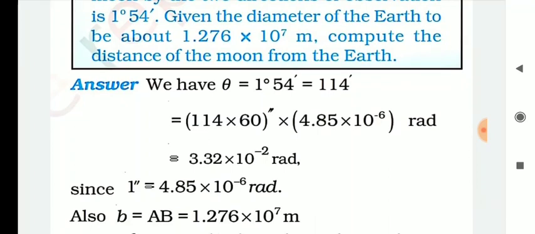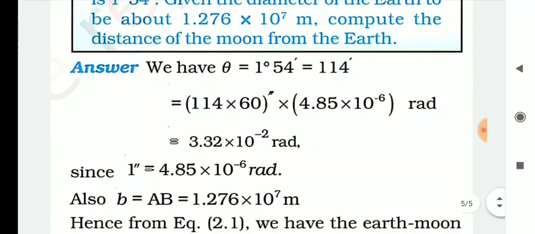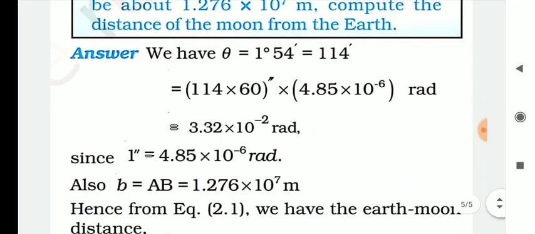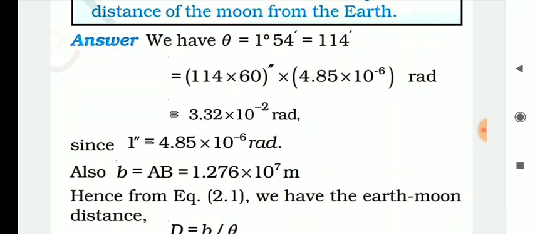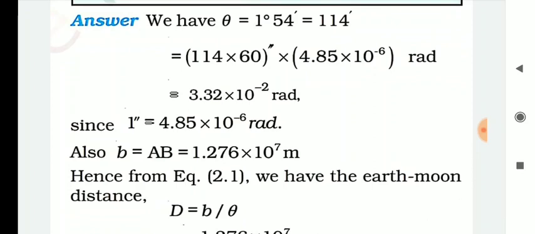Now we will convert that theta into minutes. When we convert that value into minutes, 1 degree equals 60 minutes. So 60 plus 54 equals 114 minutes. Then we convert 114 minutes into the smaller unit, the second. How will we convert that? We multiply by 60.